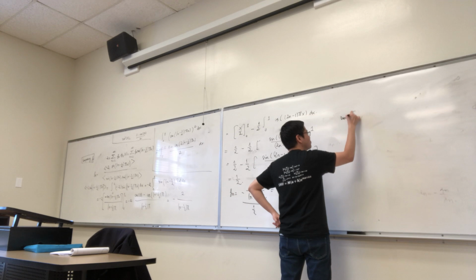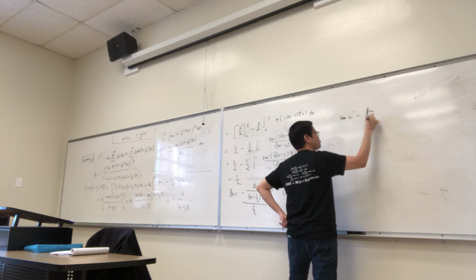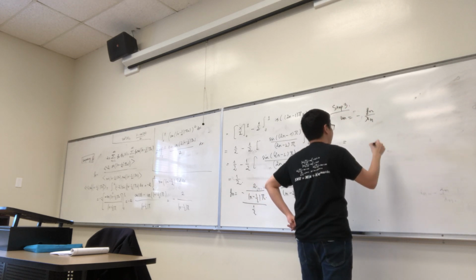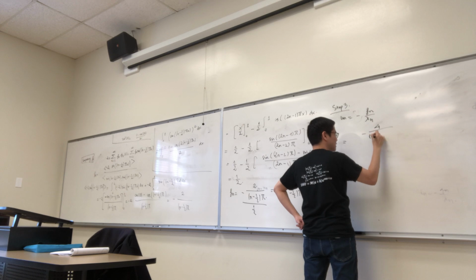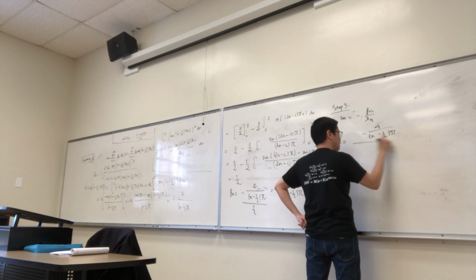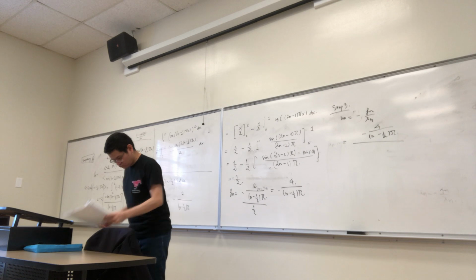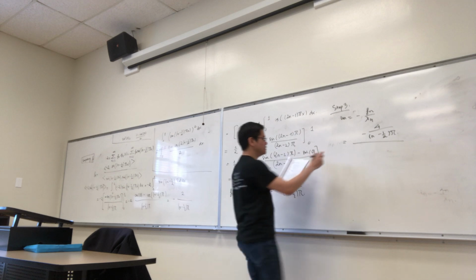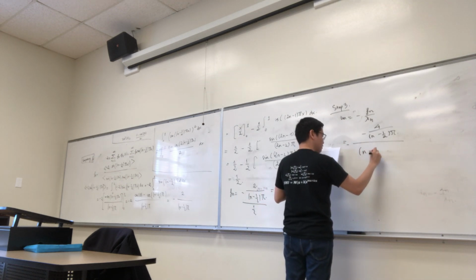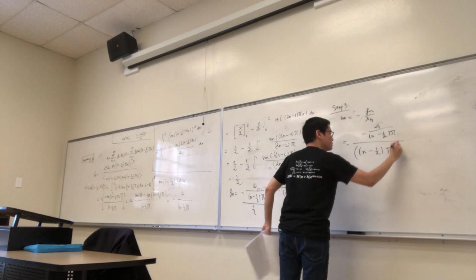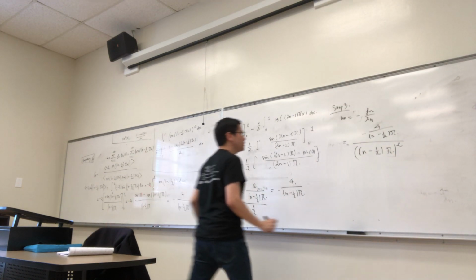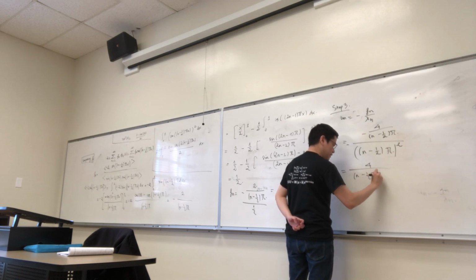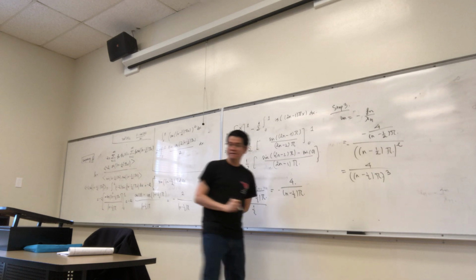So un will be minus Fn over lambda n, so step 3. Which means that this is minus 4 over (n minus 1/2) pi over, this is a minus, so you have (n minus 1/2) pi squared. So basically what you have is 4 over (n minus 1/2) pi to the power 3, right?